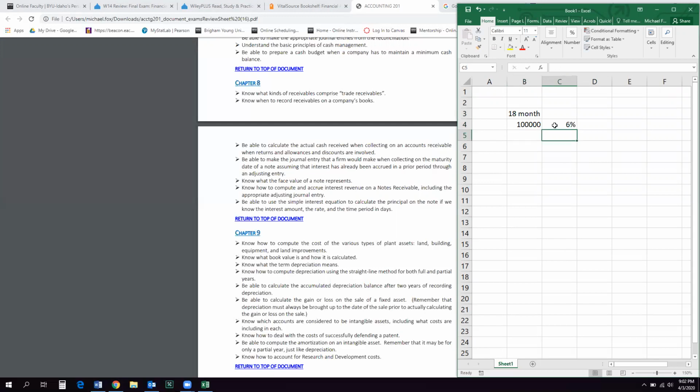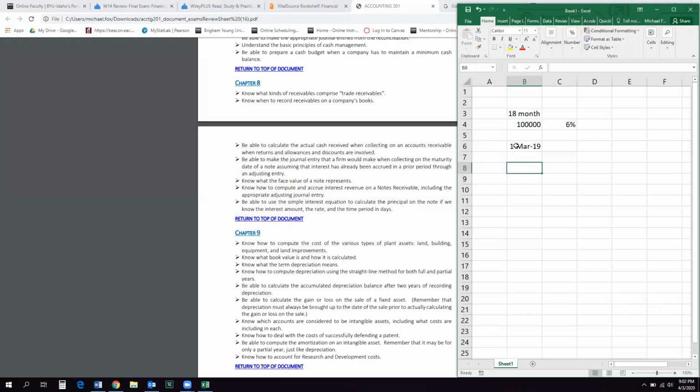Let's say I make this loan on March 1st of 2019. This person doesn't have to pay me until the note comes due in September of 2020. But I'm going to have to do an adjusting entry to show that I've earned some of this interest revenue during 2019.